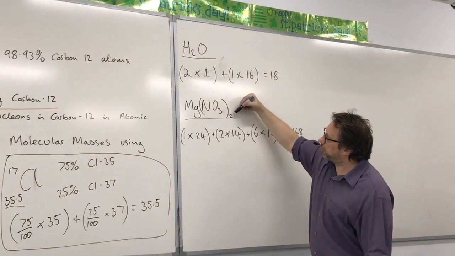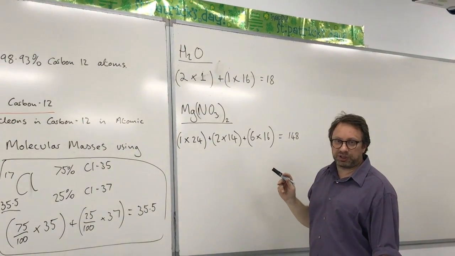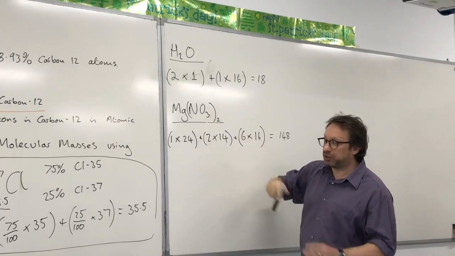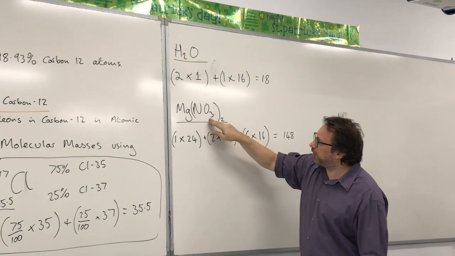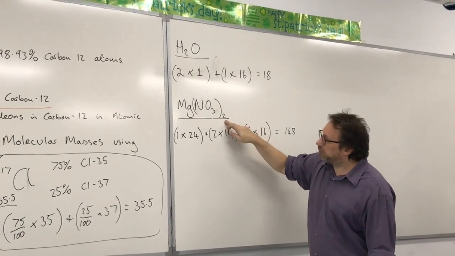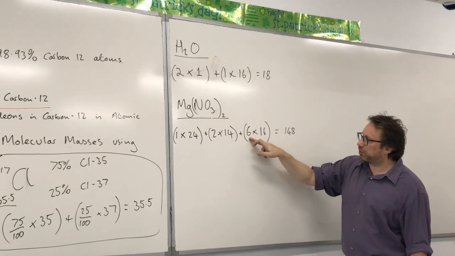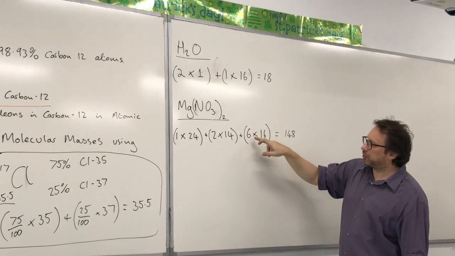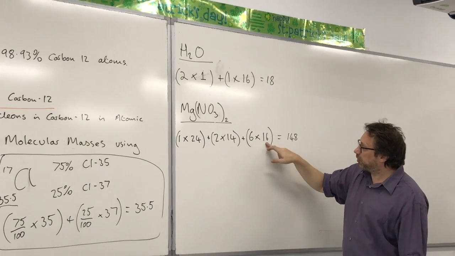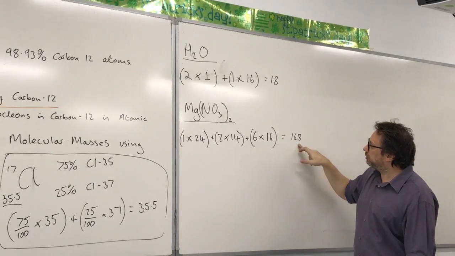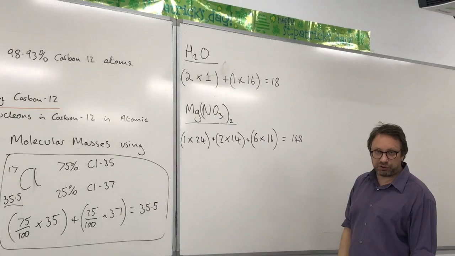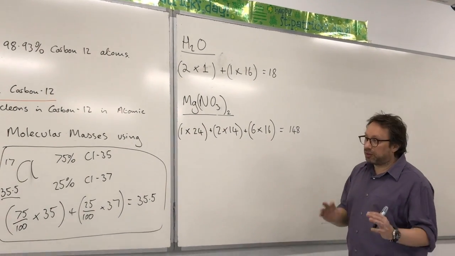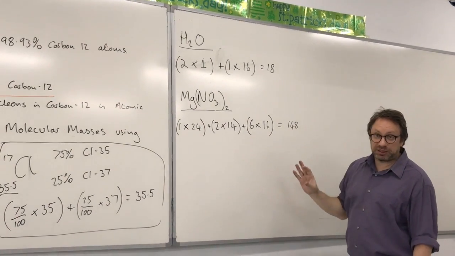And how many oxygens have we got there? Did everyone work this one out? We've got 3 oxygens. 3 oxygens times 2, 6 oxygen atoms, 6 times 16 gives us a total here of 148. That's calculation of molecular mass.